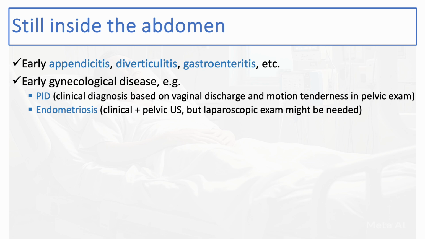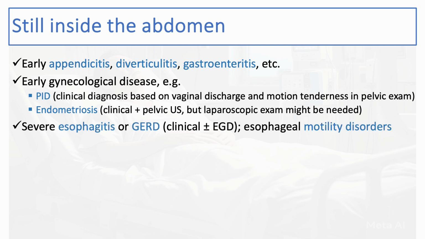Pelvic ultrasound might give you some idea, but some patients might need laparoscopic exam to make the diagnosis. So for pelvic disease in general, this is one area where ultrasound might be more helpful than CT scan, so keep that in mind. But in a lot of these pathologies, the diagnosis is largely based on clinical suspicion and some basic testing. But sometimes it really might be challenging to make that definitive diagnosis.